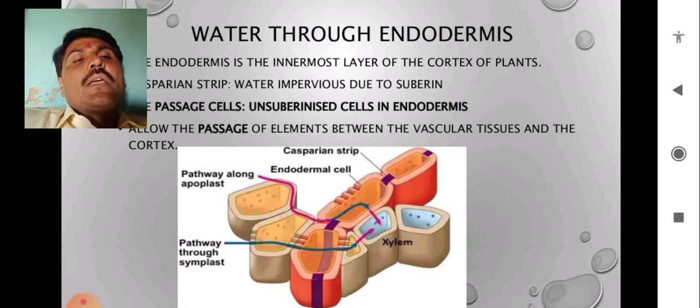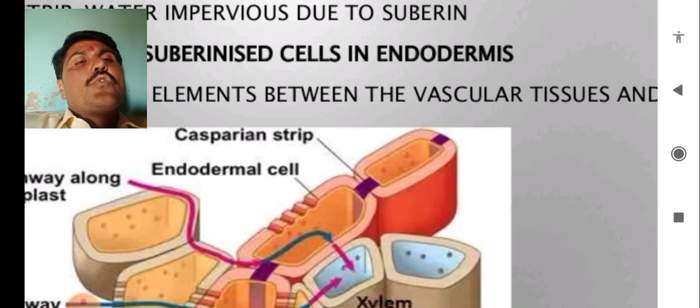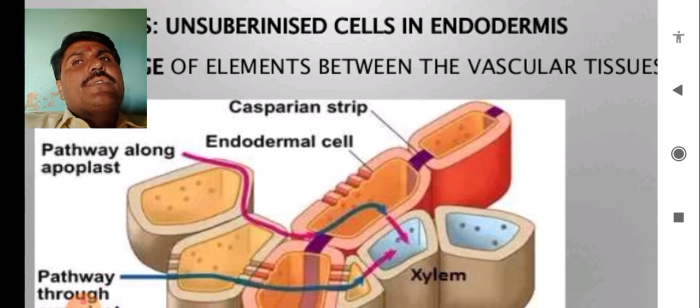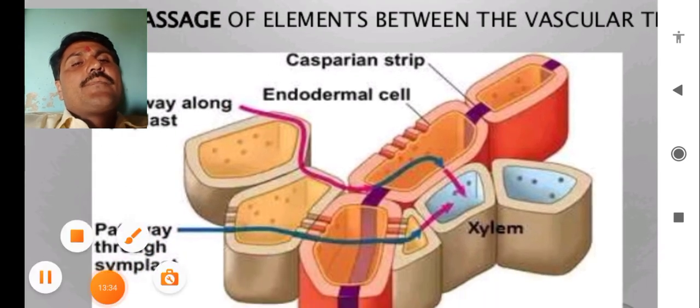You can look at these things in the diagram shown here: the pathway through the symplast and the pathway along the apoplast. In the symplast, we see that it is with the cytoplasm and moves through the plasmodesmata. In the apoplast, it moves through the cell wall. This is the Casparian strip, which is attached to both cells, denoted in violet color, and you see the endodermal cell.